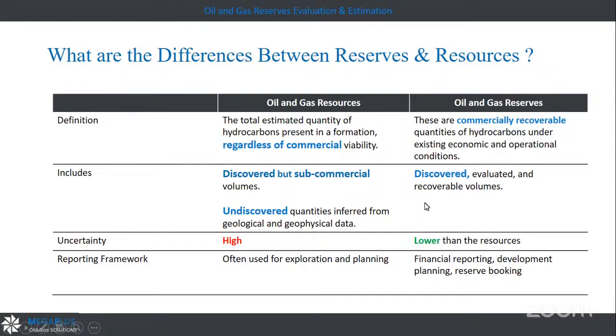If it's agreed and commercial and declared, it's a reserve. And of course, if we are dealing with undiscovered resources, we have high uncertainty. But if we are dealing with reserves that are already discovered and evaluated, we have low uncertainty about them.